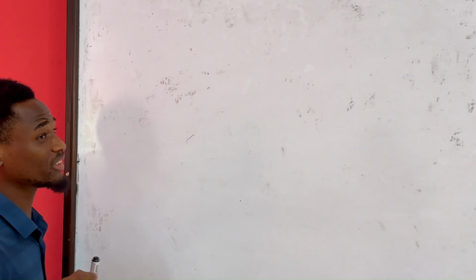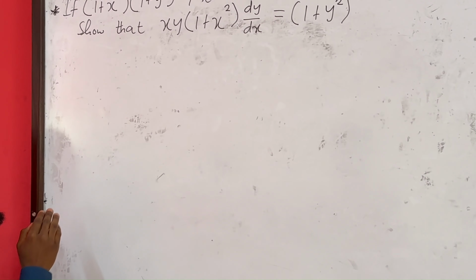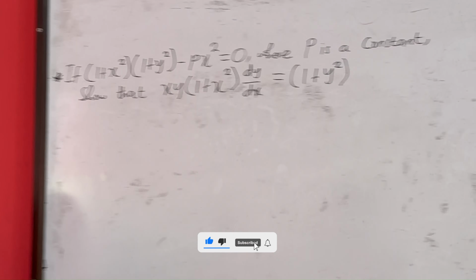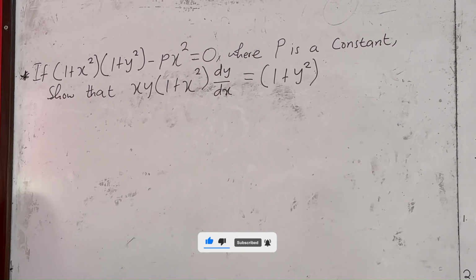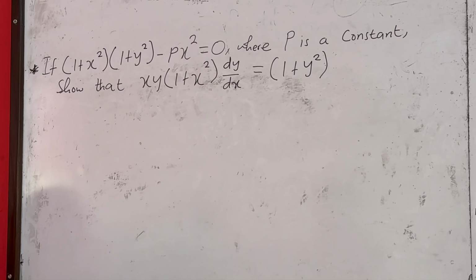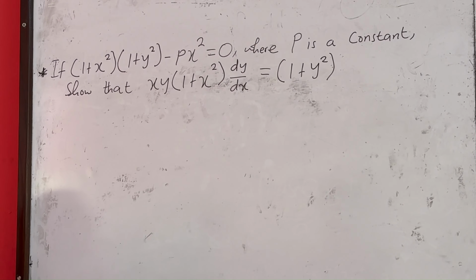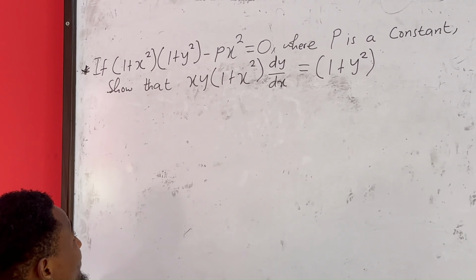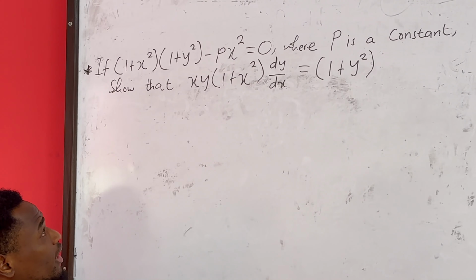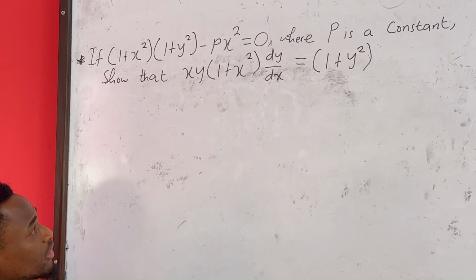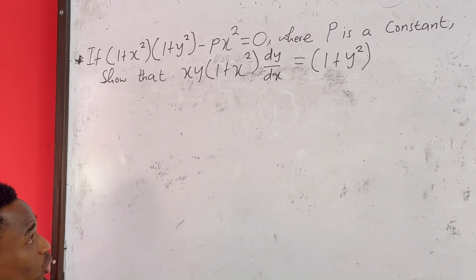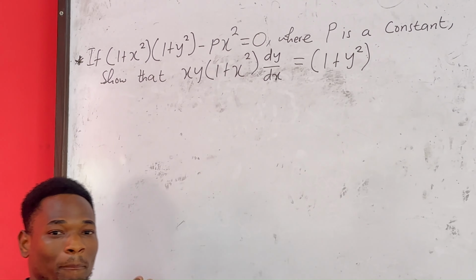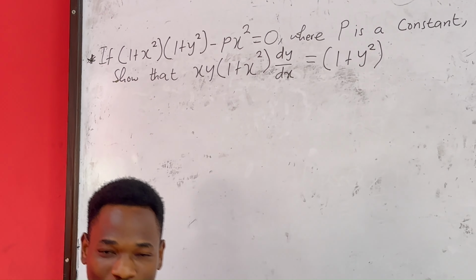So the question is, if the expression 1 plus x squared multiplying another expression 1 plus y squared minus px squared equals 0, where p is a constant, show that xy times the expression 1 plus x squared dy/dx equals the expression 1 plus y squared.